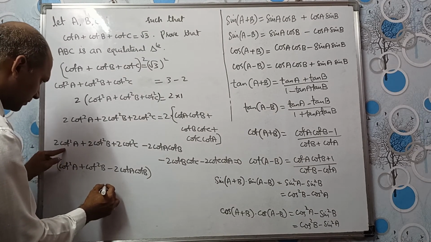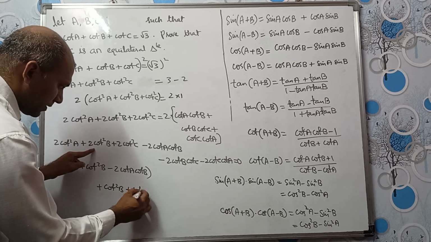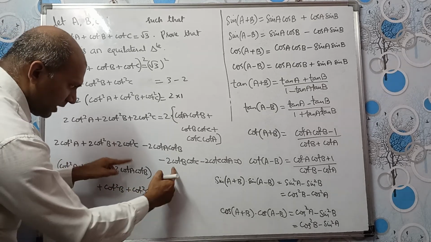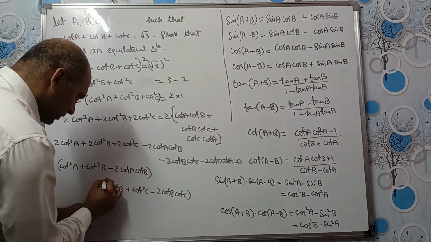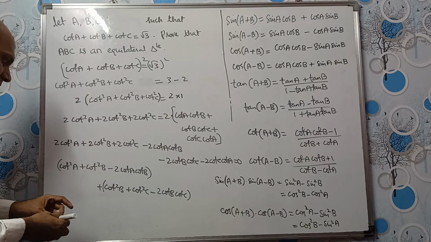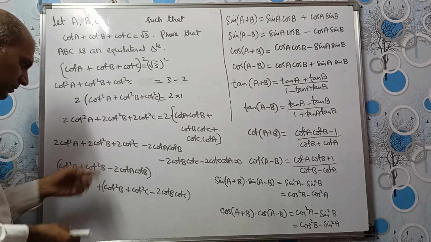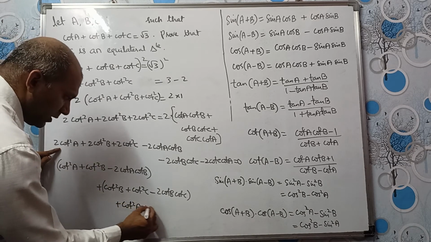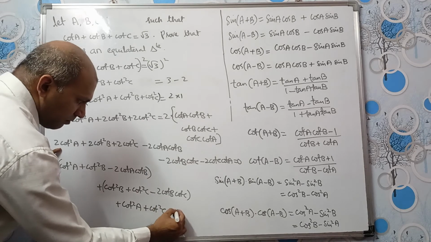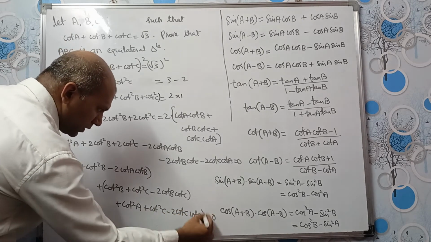Let us write cot square B plus cot square C, minus 2 cot B cot C, this is another term. See, cot square B is 2 cot square B, right? What is left now? 1 cot square will be left: cot square A plus cot square C minus 2 cot C cot A is equal to 0. This is another term now.